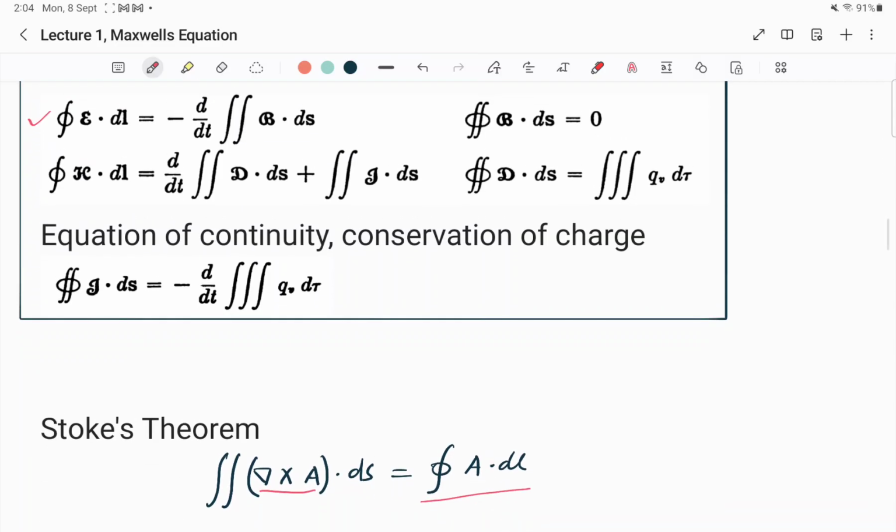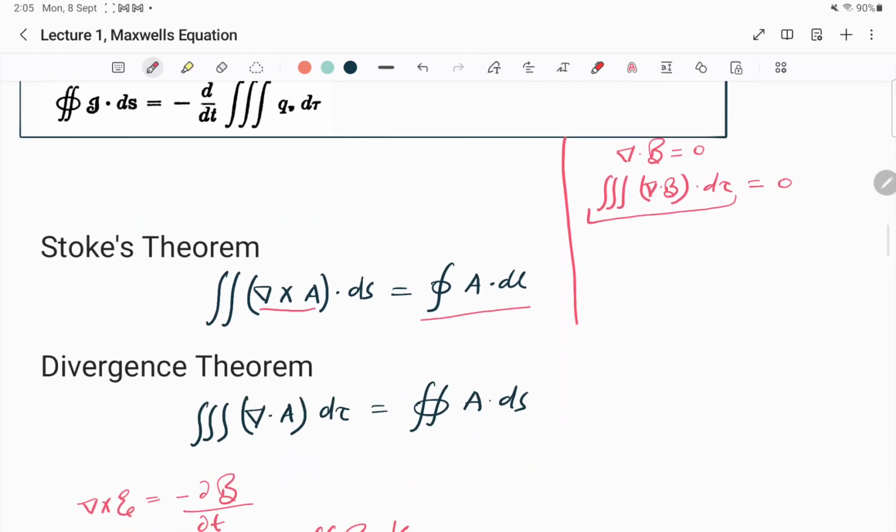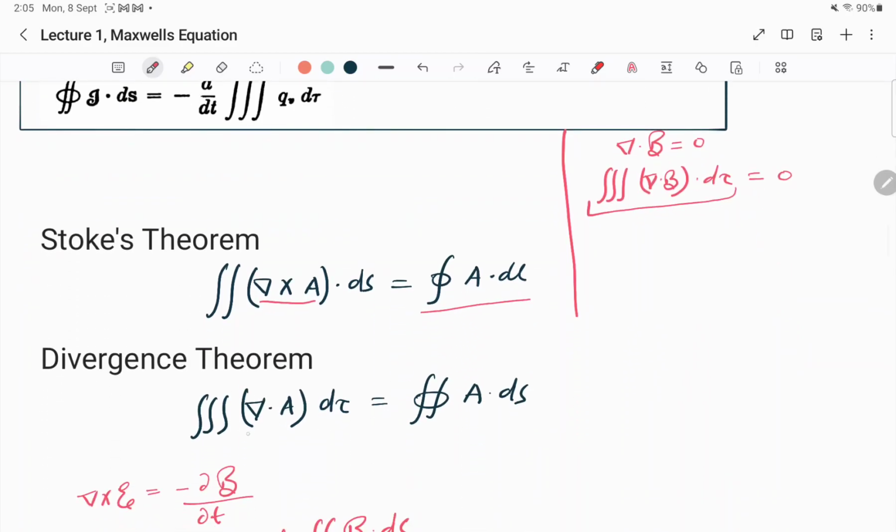Similarly, if you take the second Maxwell's equation, that is del dot B equals to 0, and you do volume integration on both sides, that is volume integration of del dot B d tau is equal to 0, and you apply divergence theorem on the left hand side, you will see that this triple volume integration of divergence of vector B can be written as the closed surface integration of that vector.